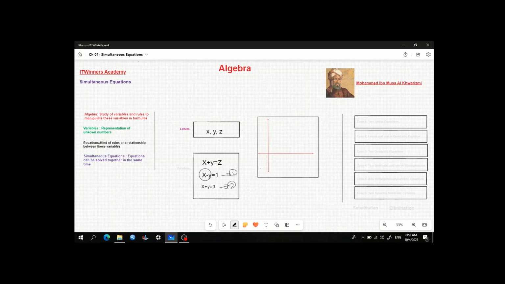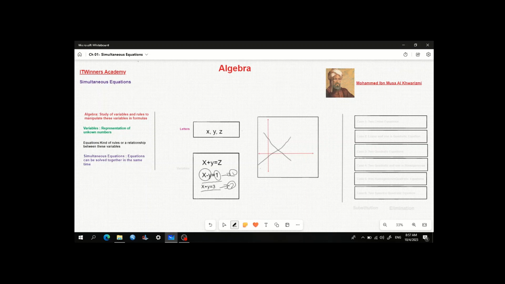x minus y is now an expression of the input, and 1 is the output. This is a linear equation. Also, this is a linear equation. If I represent that on the x and y axes, the first equation is this line and the second equation is this line.